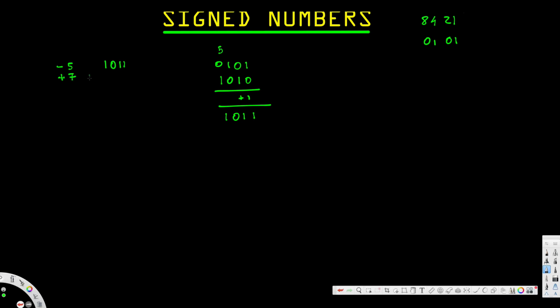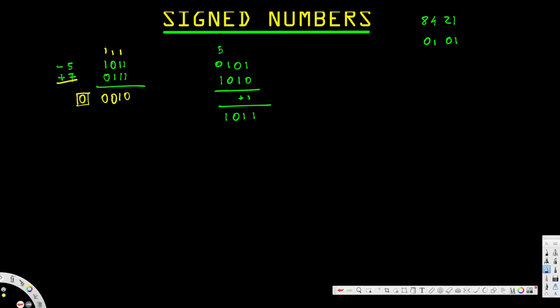If you have a positive number, we don't have a problem, we just directly write it. So in order to have 7, we have 0 1 1 1. Now we add these two together. 1 and 1 gives us 0, and we have a carry. 1 1 and 1, we have a carry, 1 1 0, and we have an extra carry, right?